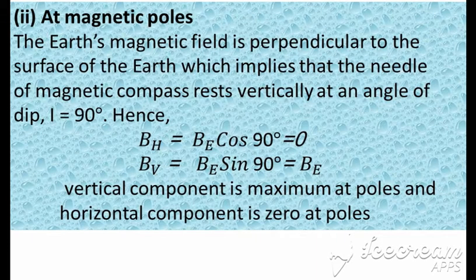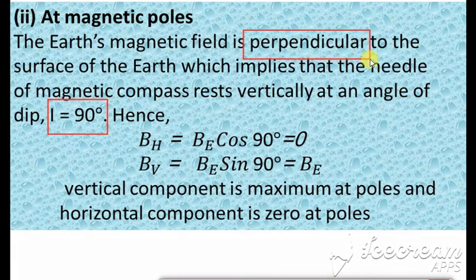When you are considering the poles, we use the same equations for BH and BV. BH is equal to BE into cos I, BV is equal to BE into sin I. But here the angle I is equal to 90 degrees, because it is perpendicular. So BH is equal to BE cos 90 and BV is equal to BE sin 90.